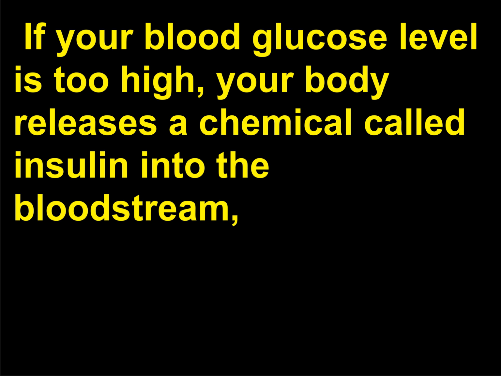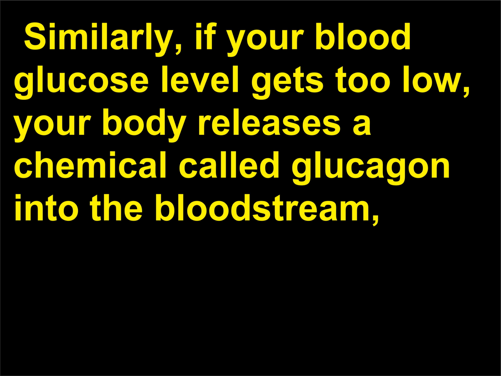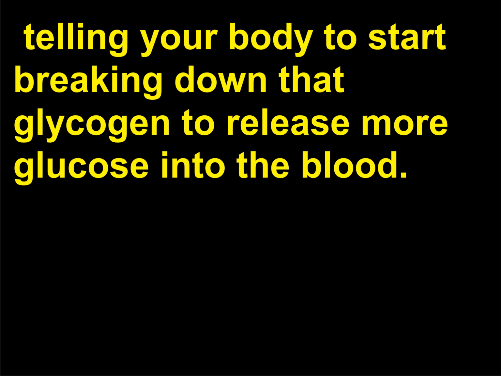If your blood glucose level is too high, your body releases a chemical called insulin into the bloodstream, signaling that it's time to convert some of the extra glucose floating around into glycogen. Similarly, if your blood glucose level gets too low, your body releases a chemical called glucagon into the bloodstream, telling your body to start breaking down that glycogen to release more glucose into the blood.